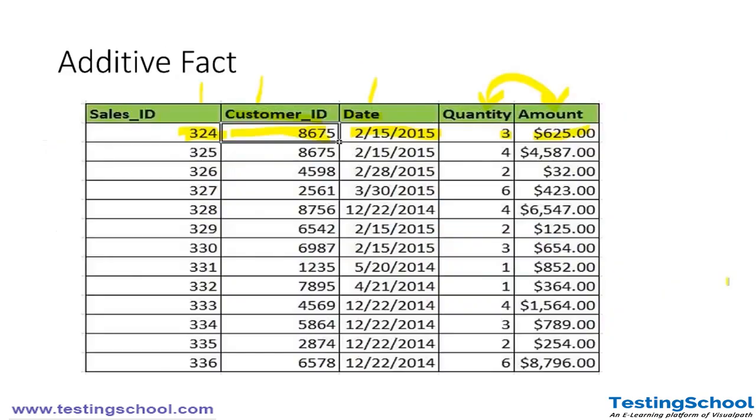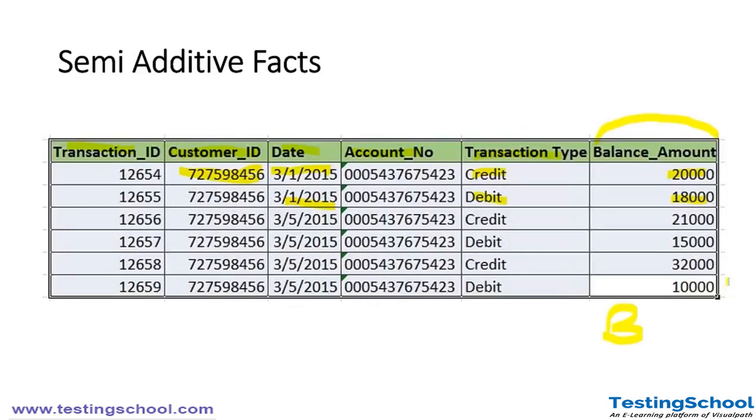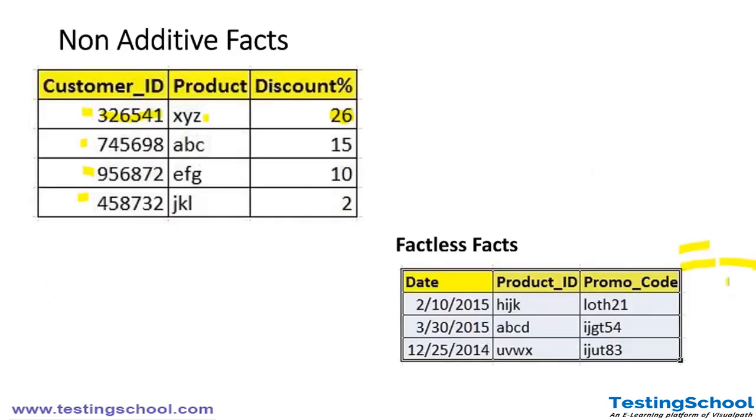So a quick recap. Additive facts, you can use all dimension attributes within the additive fact to get your summarization or aggregation done. Now this is one of the common types of facts which are used in the majority of data warehouse implementations. Semi-additive facts, not all dimension attributes can be used to perform the summarization or aggregation. Only certain attributes would make sense for the aggregation to happen.